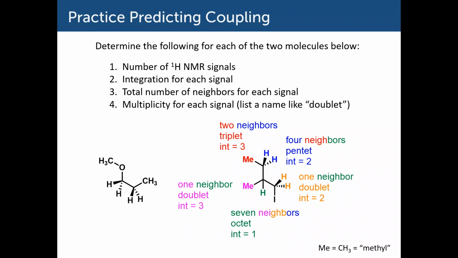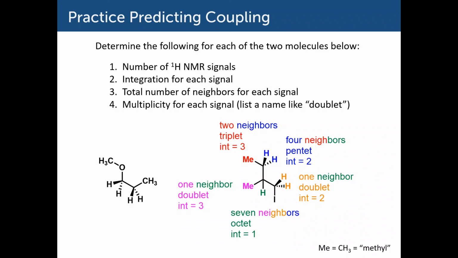The signal for the blue H's will be a pentet because there are 3 red neighbors and 1 green neighbor, whereas the magenta methyl hydrogens just have one kind of neighbor, the green H. So the magenta methyl hydrogens will give a doublet signal integrating to 3. On the other hand, the green hydrogen has quite a variety of different neighbors here.